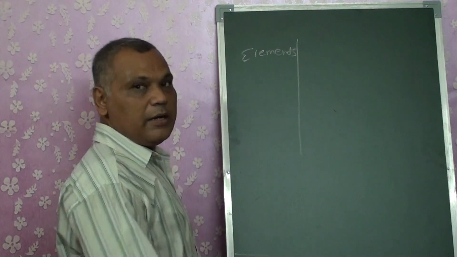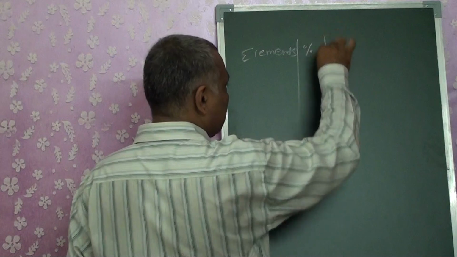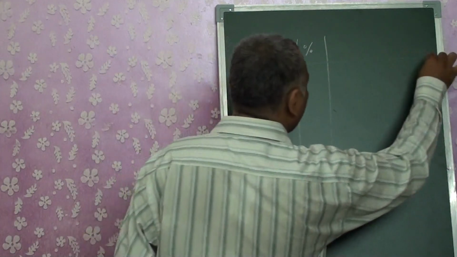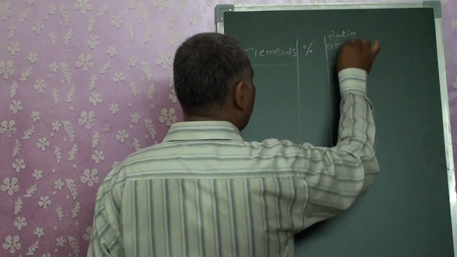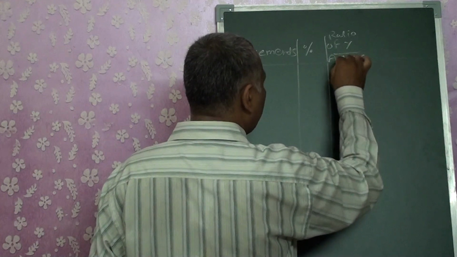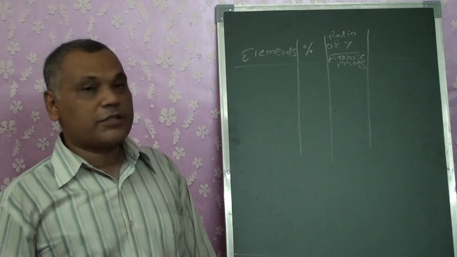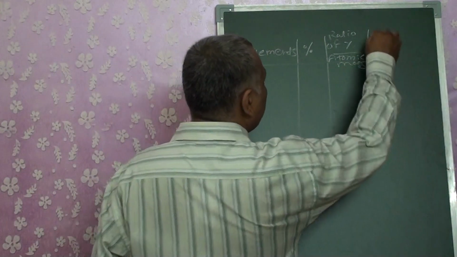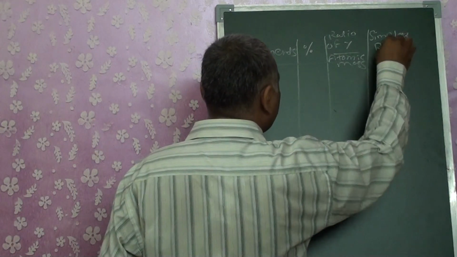First of all, elements, then the percentage of that element, then we will find the ratio of percentage by atomic mass. Once we get it, we will find the simplest ratio.